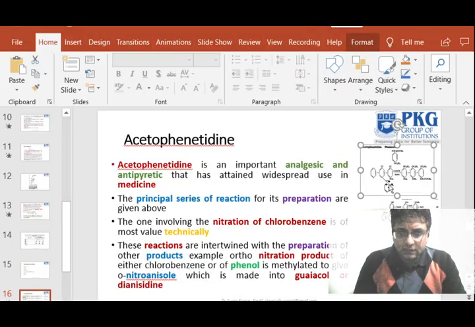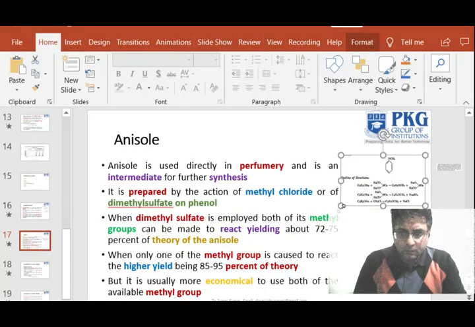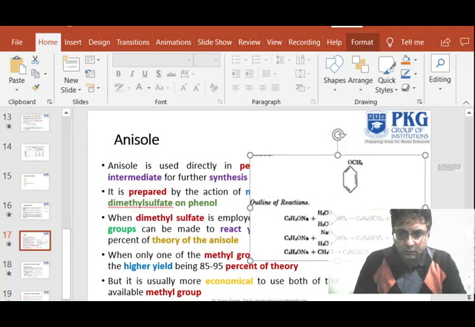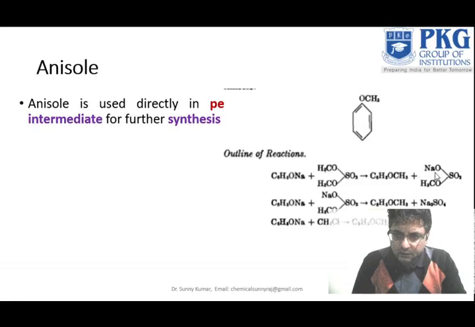And if you see this reaction, this is the outline of reactions. So C6H5ONa and (CH3)2SO4 are compounded, giving the compound you will get, plus sodium methyl sulfate.